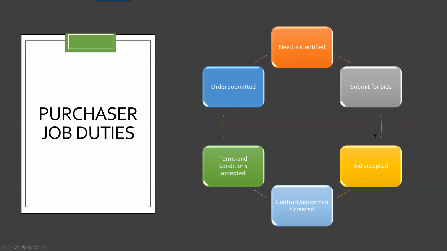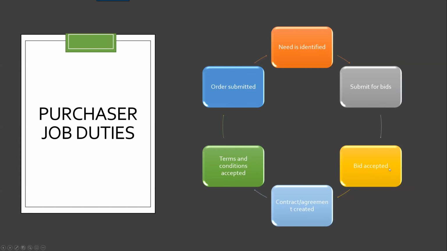Sometimes you have to have at least 3 to 5 bids in order to move into an acceptance of a bid. The purpose is to eliminate the favoritism that we were talking about, and also price gouging. If you only have one bid submitted, you're not able to compare it against market trends. So having bids submitted then leads to being able to accept these bids.